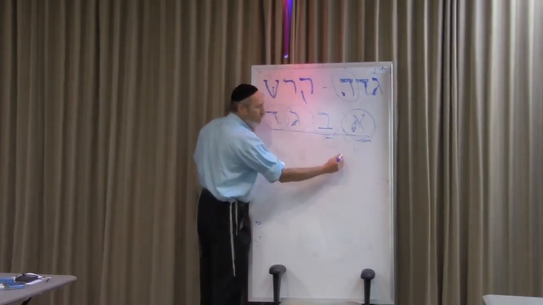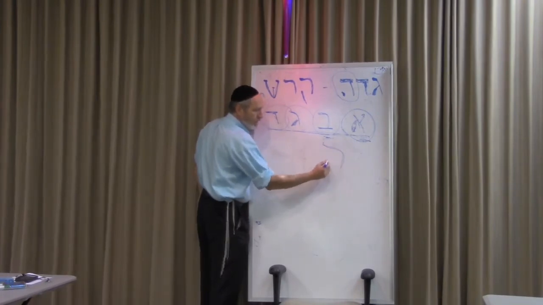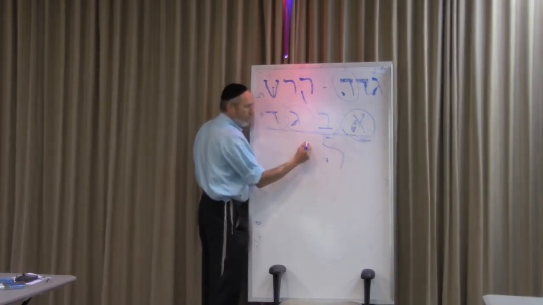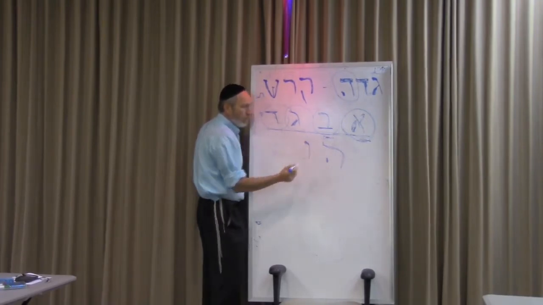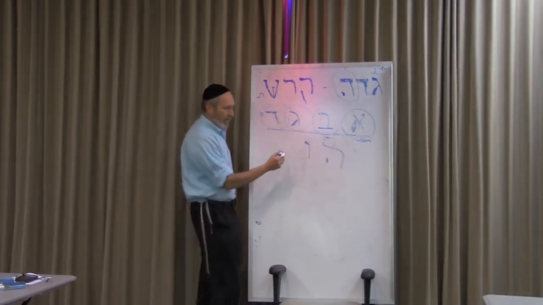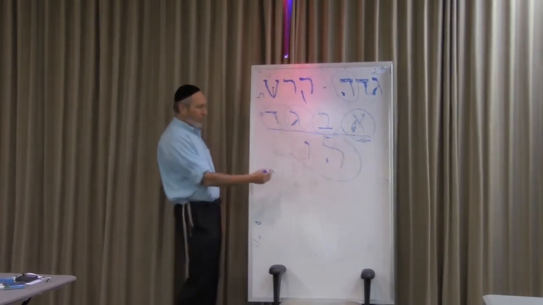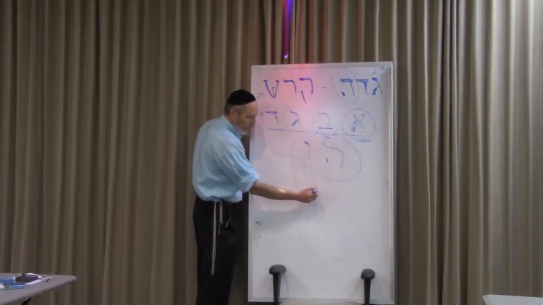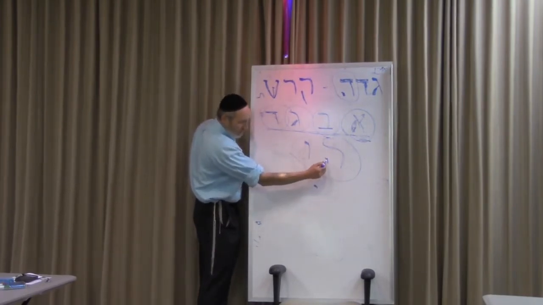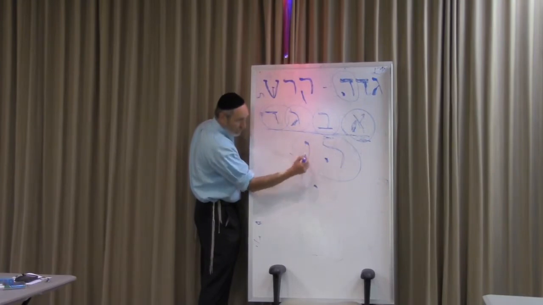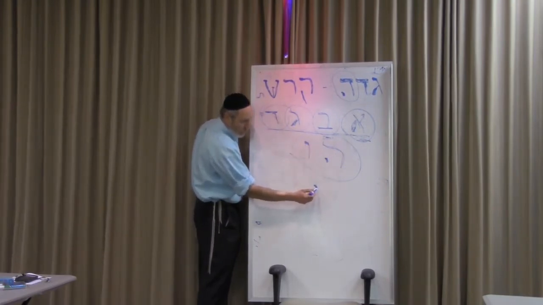The next 2 letters are the Hey and the Vav, which really are the letters of God's name. When we talk about the Tetragrammaton, the 4-letter name of God, it's the Yud, which we said is here. It's really over here too. Is the Yud.